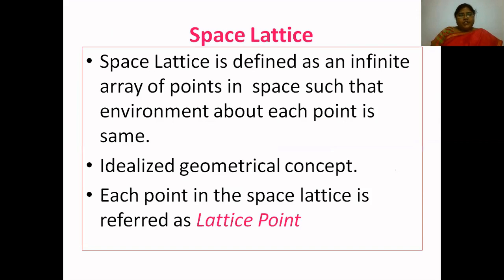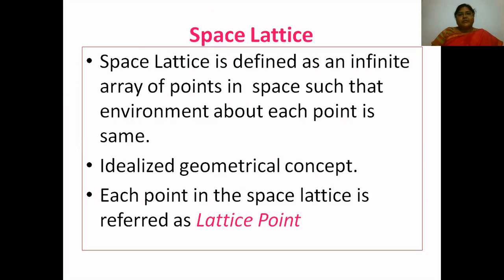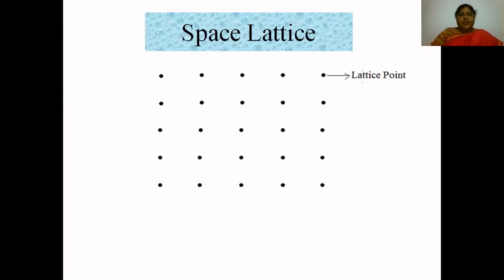Always remember it is an imaginary concept where points are arranged in a three-dimensional array in such a way that the environment about each point is the same. Each point in the space lattice is referred to as a lattice point. In the diagram, these are nothing but arrangements of points, and each point is considered as a lattice point.